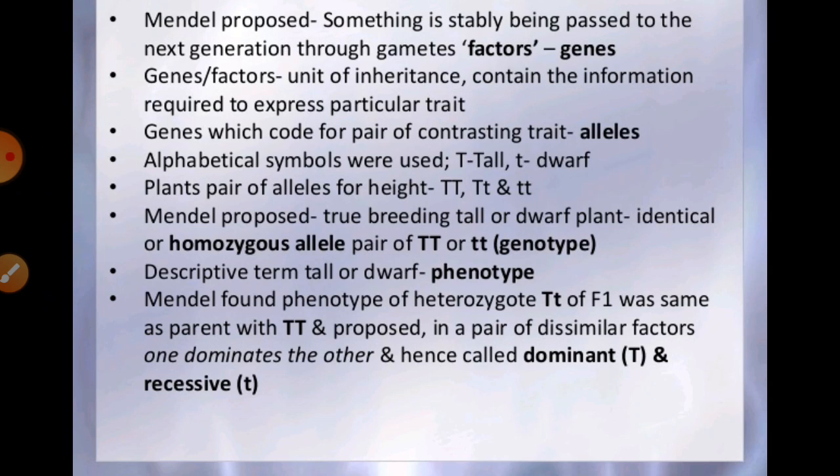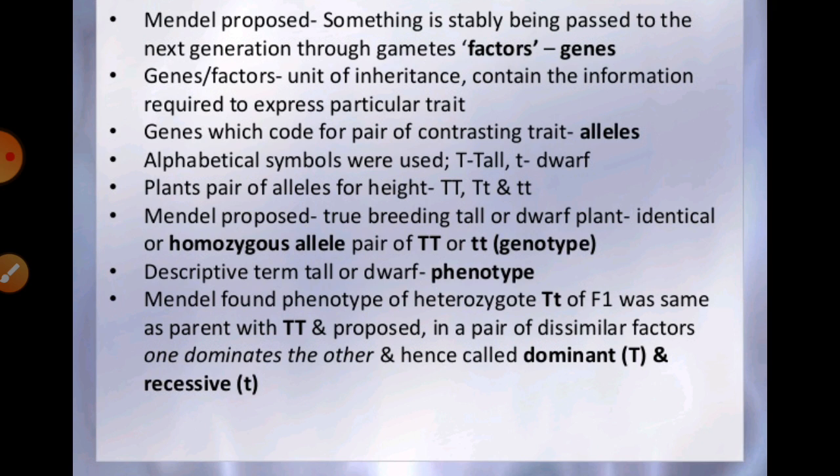are known as alleles. So many times we use capital T and small t. Why? Because they are the contrasting characters, and they are generally known as alleles. We can say allelomorphs also.